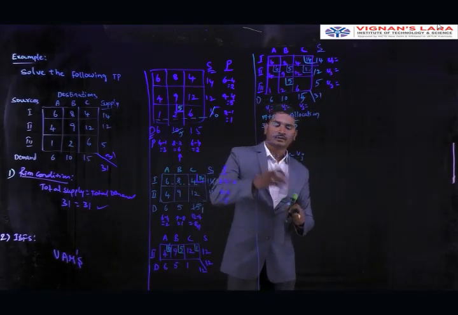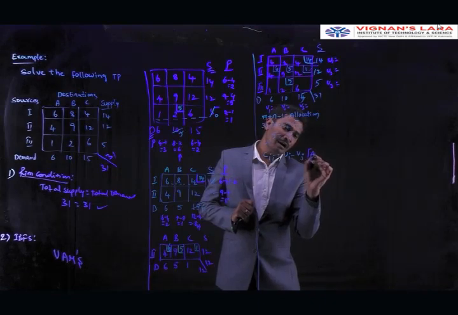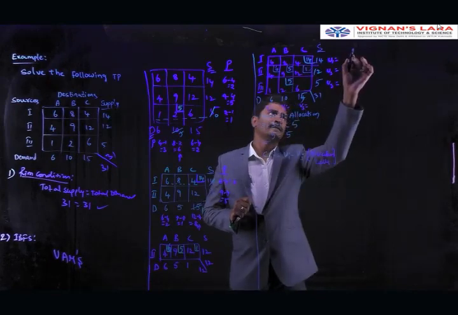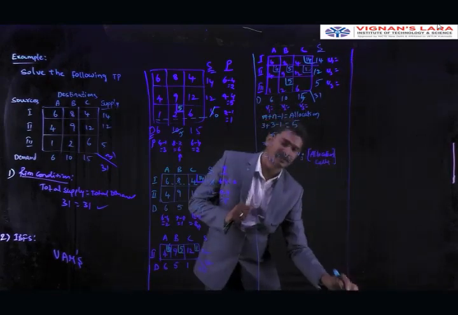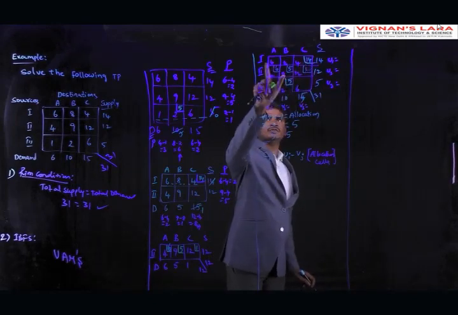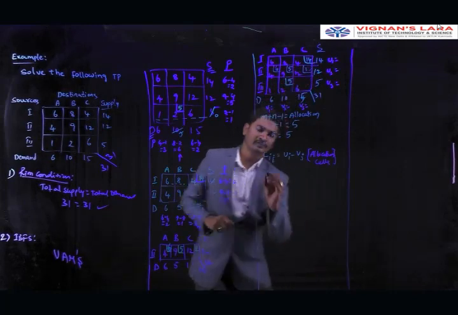Okay. Here we are calculating the Cij for allocation cells. Coming to the first row, where we have the allocation at source 1 and destination C, it means C13.